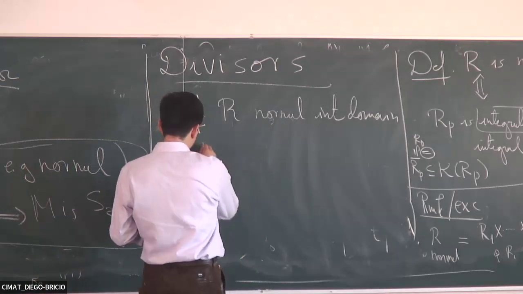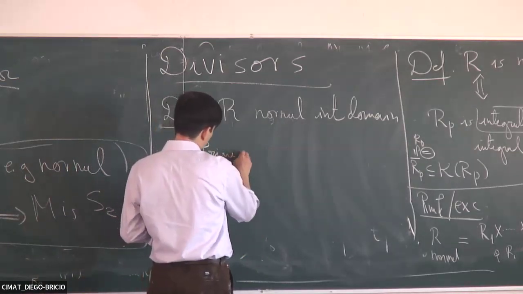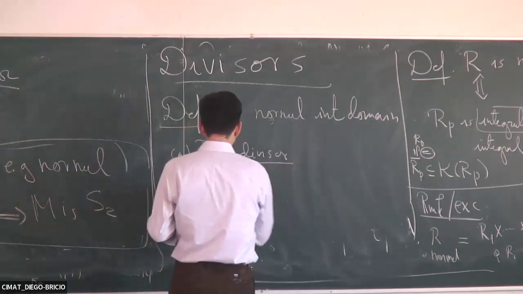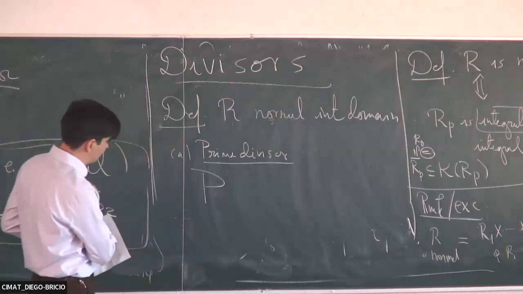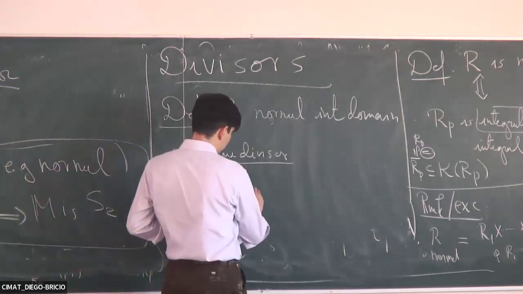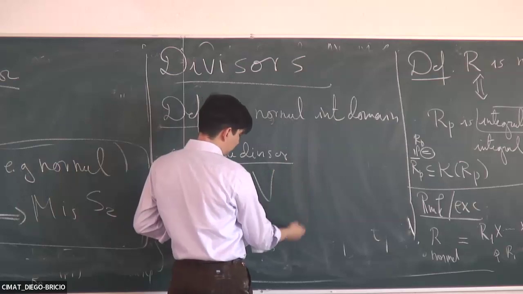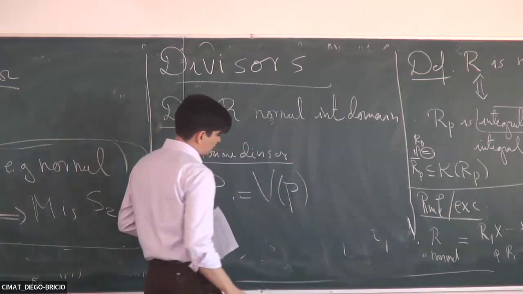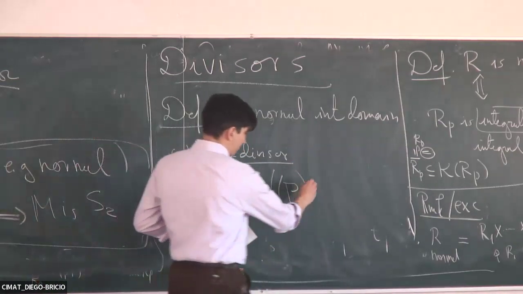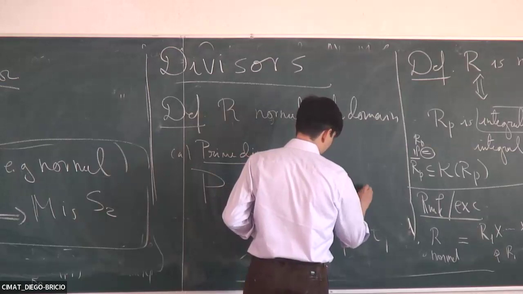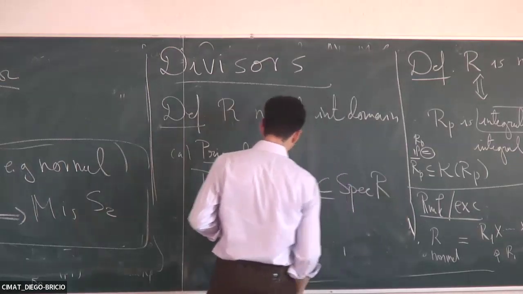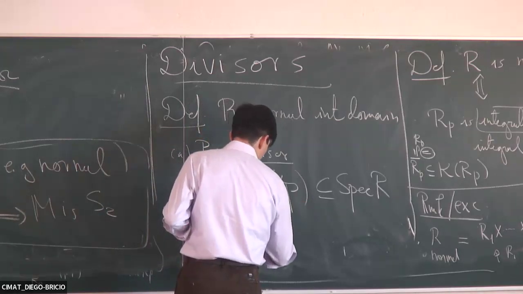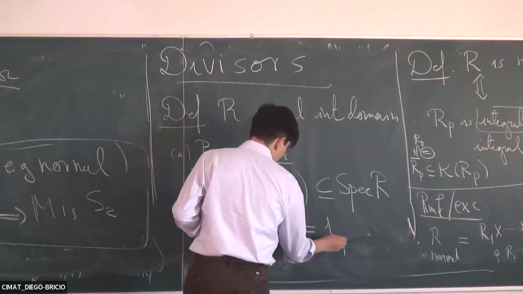So a prime divisor, let's call it capital P, is by definition just a closed subset, or closed subscheme, whatever you want to call it, cut out by a prime ideal. Okay? Where all I want you to have is that the height of P is 1.